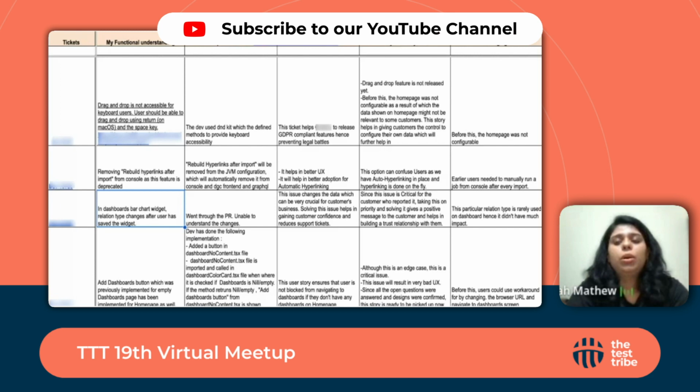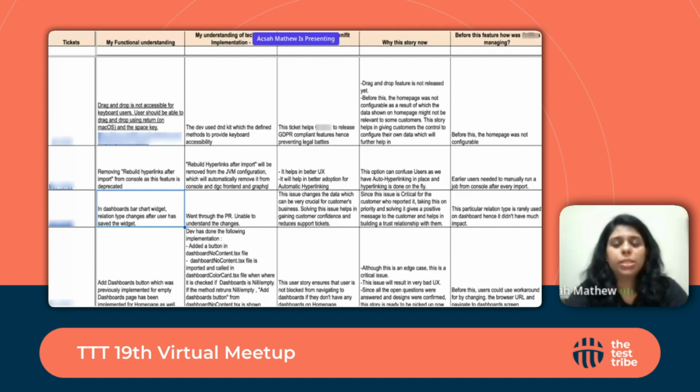And why this story now? This also we get from people who are looking at the business side of a project. And the last question would be, before this, how was it being managed? Like, why did we prioritize this particular implementation now? So these are the 5 questions that we try to answer. Why do these 5 questions help us get context understanding? It also helps us to talk with each person in their own language.